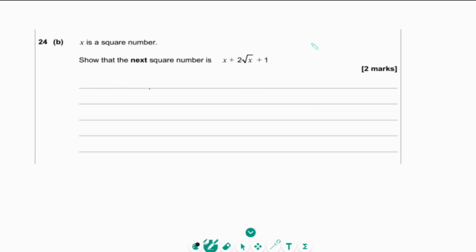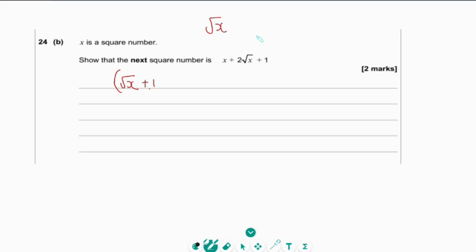x is a square number. Show that the next square number is x plus 2 root x plus 1. If x is a square number, I need to find the square root of x. So root x squared gives you x.